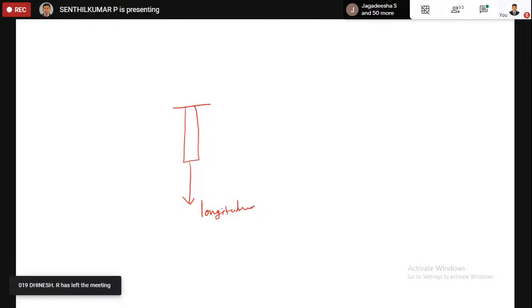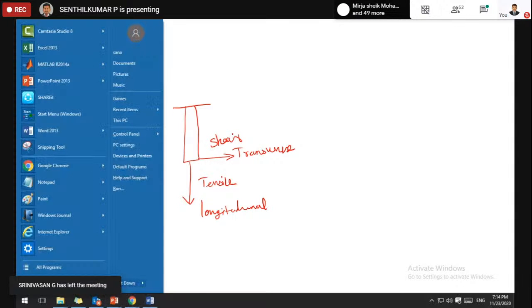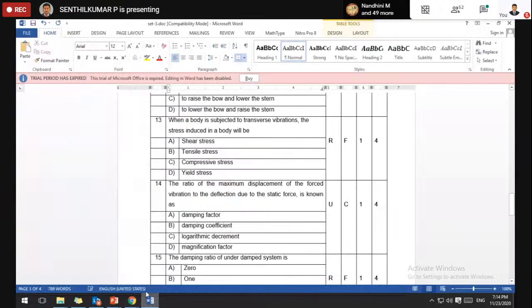Transverse means this direction. So longitudinal means tensile, but for transverse it is shear stress, cutting stress. So that is the answer for that question. Shear stress, not compressive. Compressive is just opposite to tensile, and not yield stress. So shear stress.